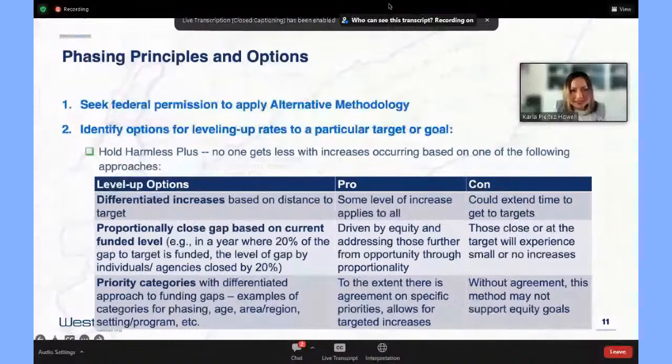Yes, move forward with the alternative methodology was really clear from the comments, and then lead with a cost model, and then there will be some follow-up discussions with folks, but definitely not differentiated increases, and proportionality was taken out as well. So we will not use this in the report. Thank you, Carla.